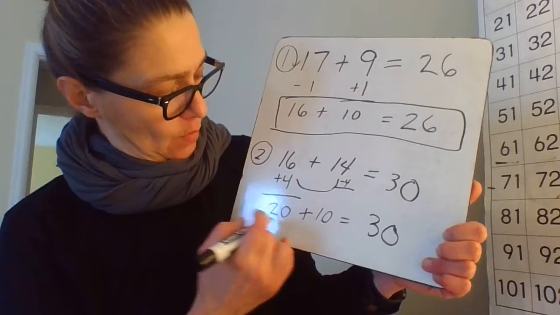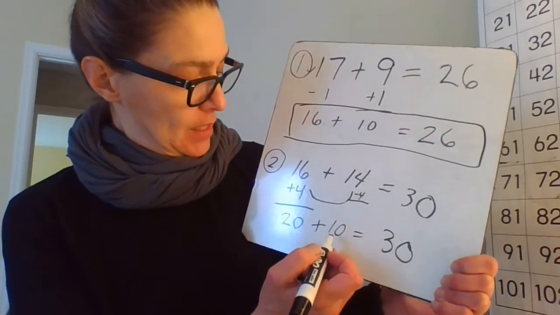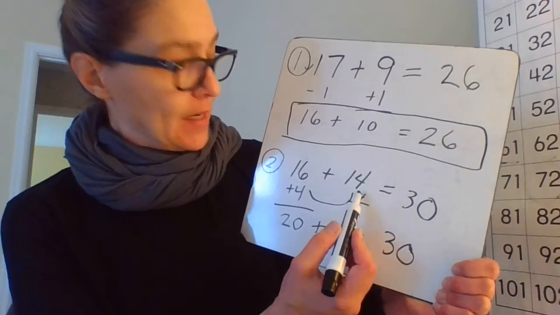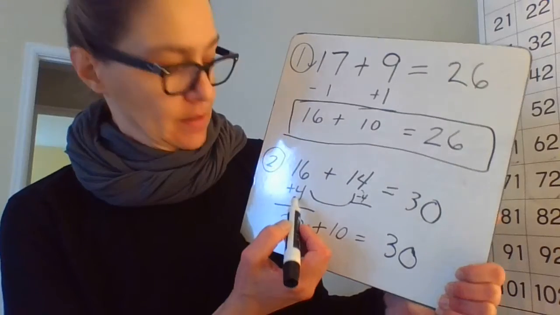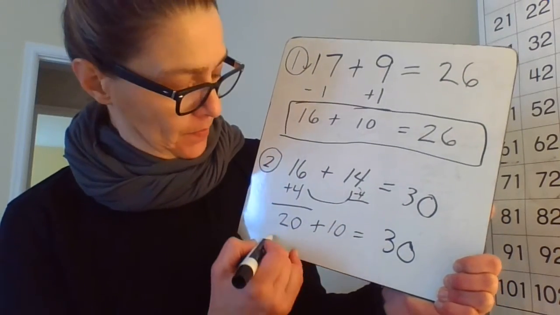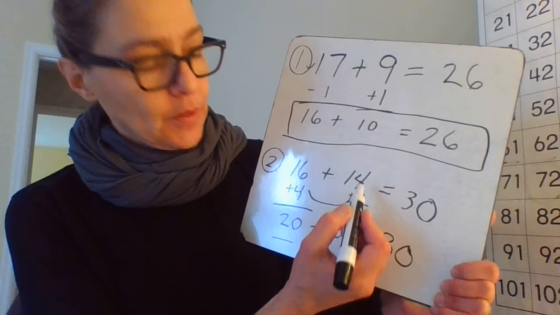Okay, so what I did was I compensated. I used the compensation strategy. I took 4 from the second addend and added it to the first addend and came up with 20. And then I minus 4 from the 14 and I got 10. And then I added these two values.